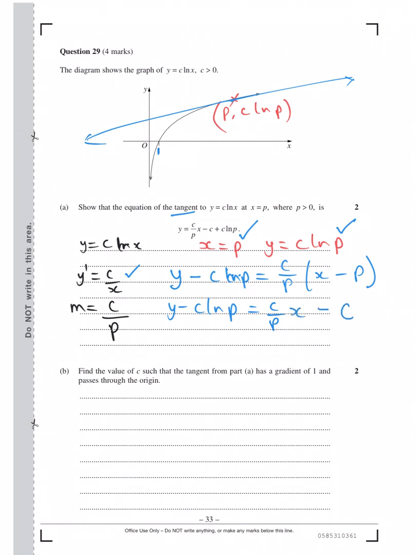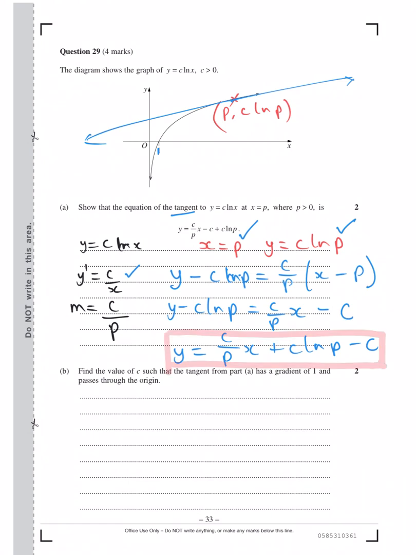And so with y as the subject, y equals c over p x plus c log p minus c. They've got that written in a slightly different order in the solution, which you could do if you'd like, but we're absolutely fine having shown it that way.